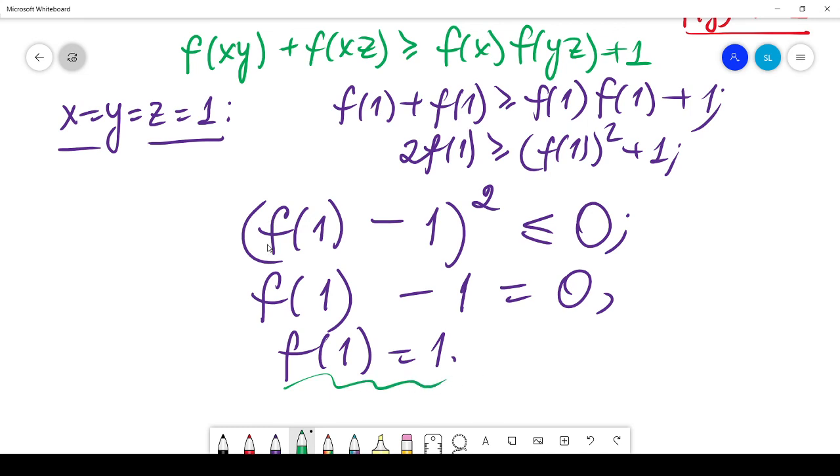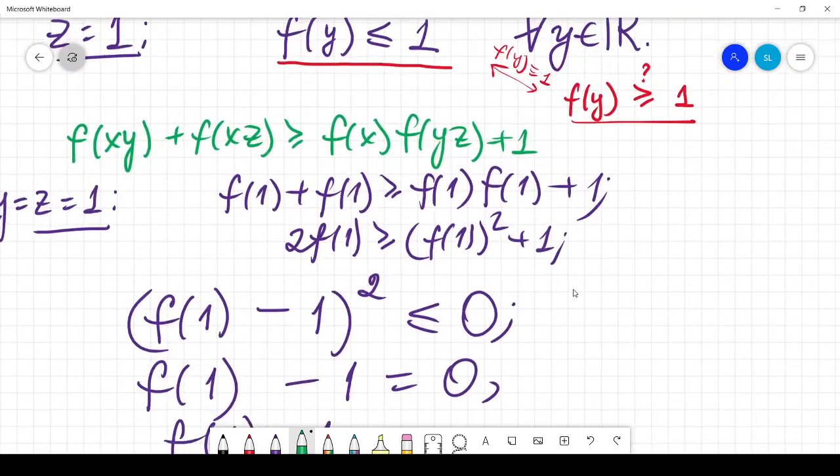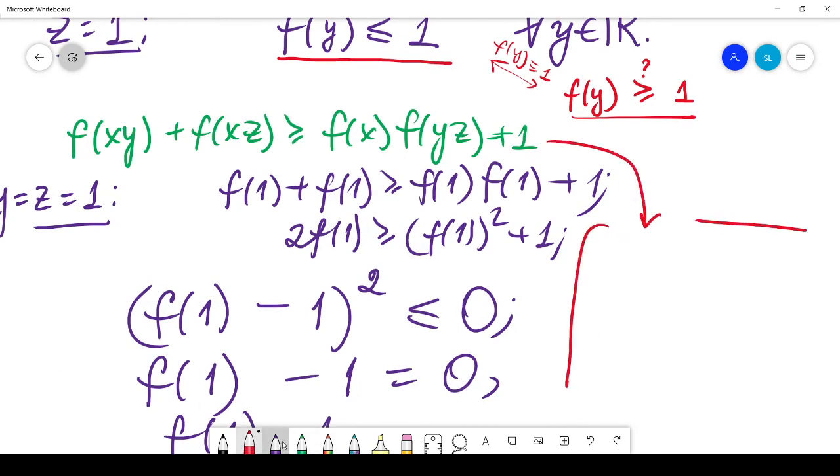Alright, but now in this inequality, let's plug in z equals 0.